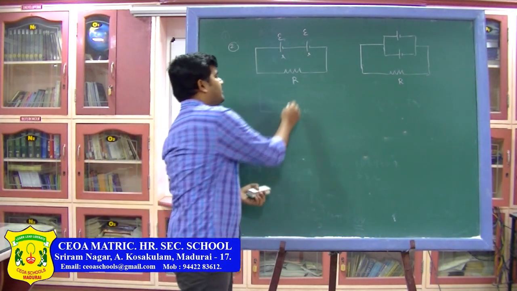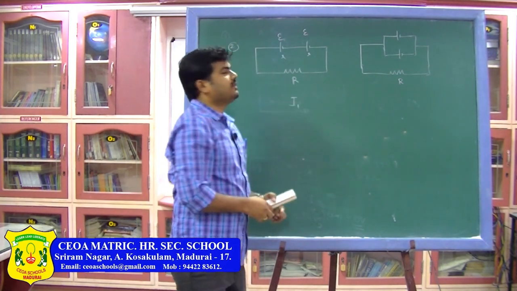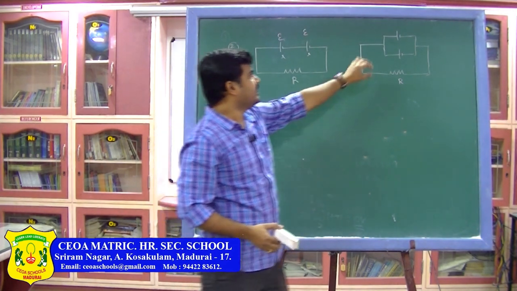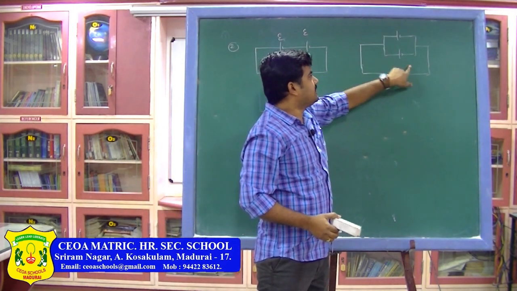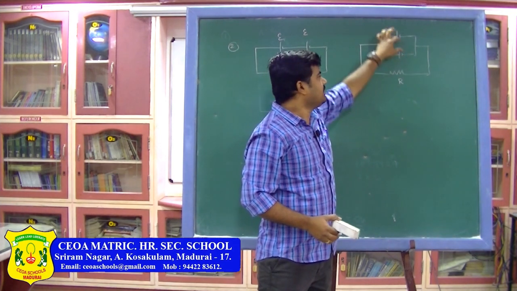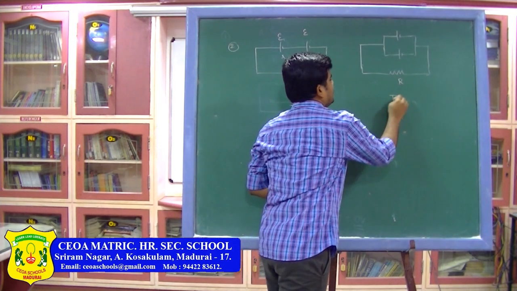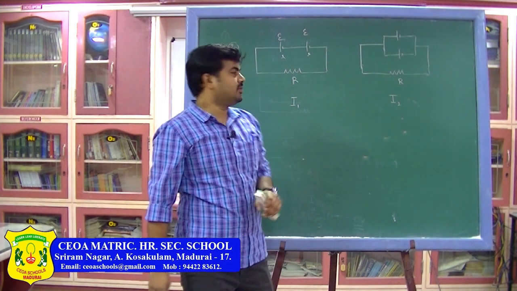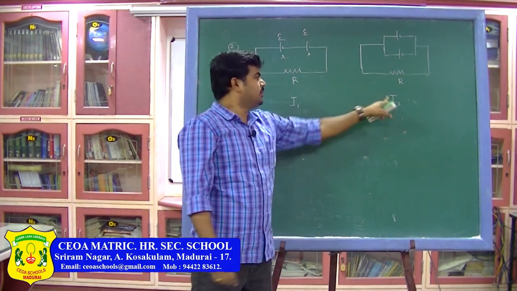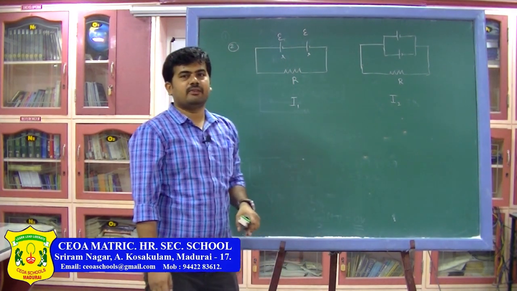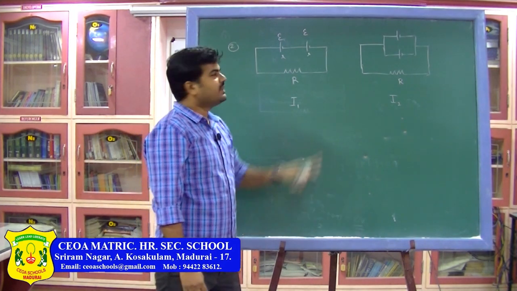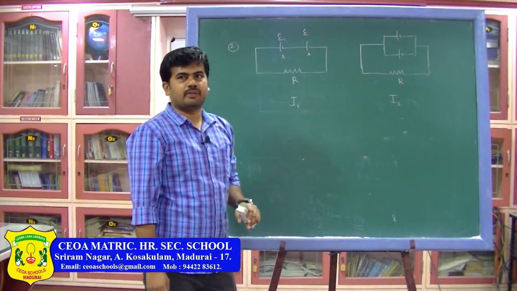Here say the current is I1, and the same cells are again connected in parallel with the same external resistor. In this case the current is I2. It is given that both currents are equal, then what is the value of the internal resistance of each cell? That is the question.